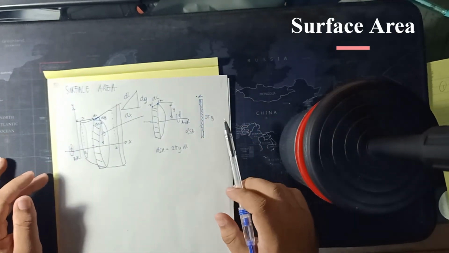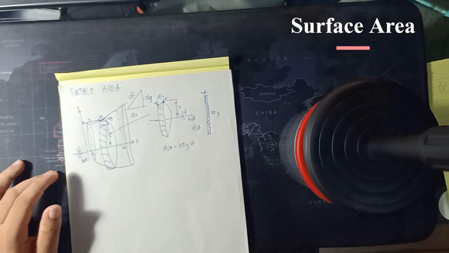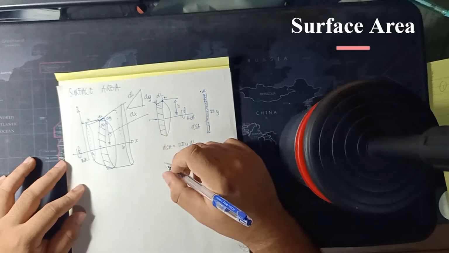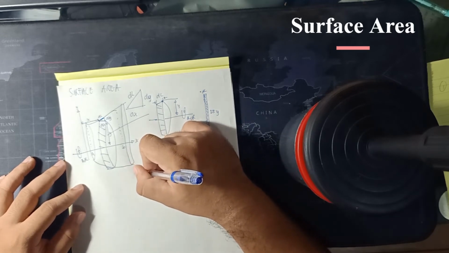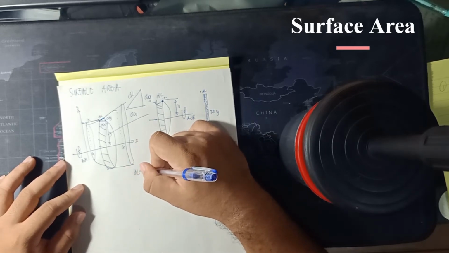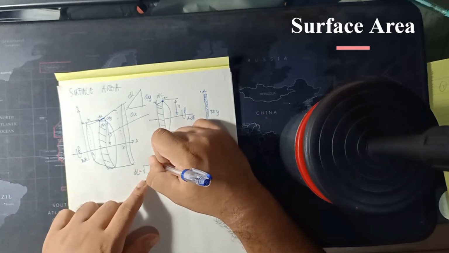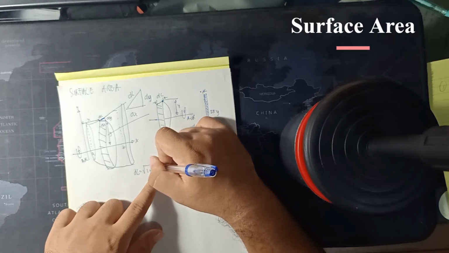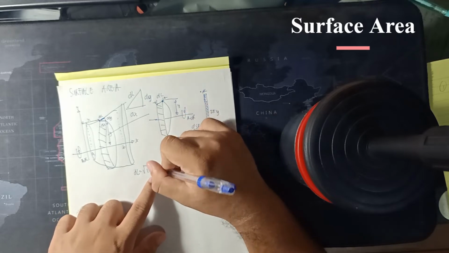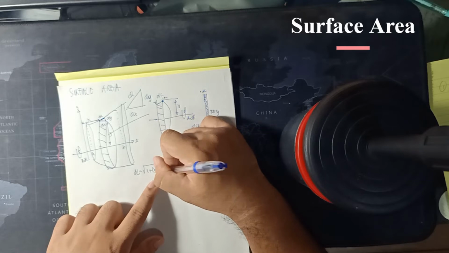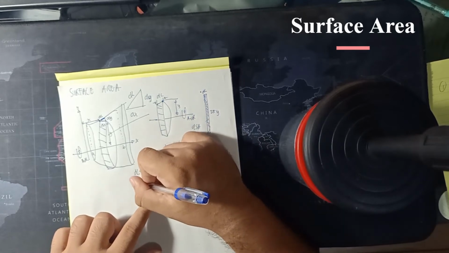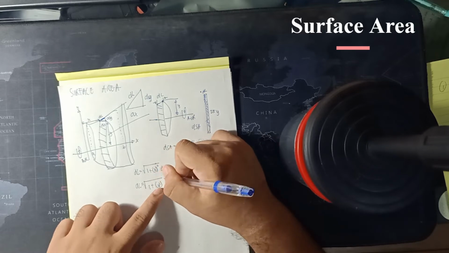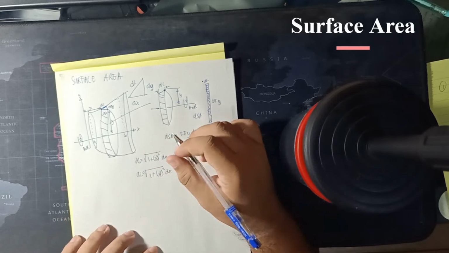From the previous topic, your dl is equal to the square root of 1 plus x prime squared dy, or actually also dl is equal to the square root of 1 plus y prime squared dx.